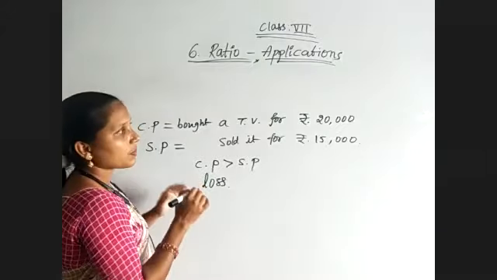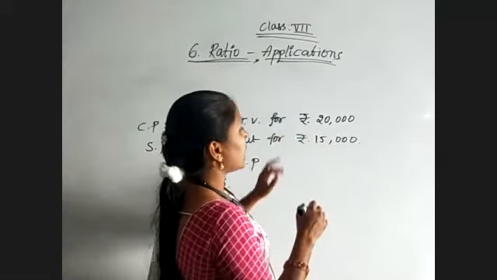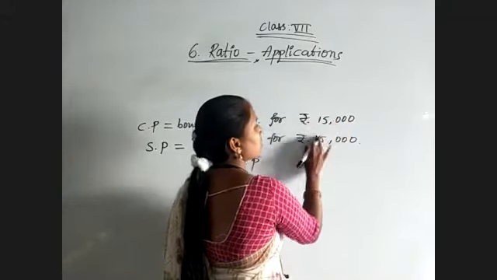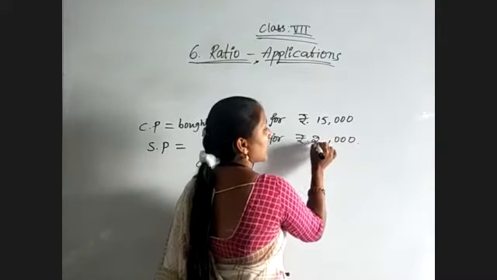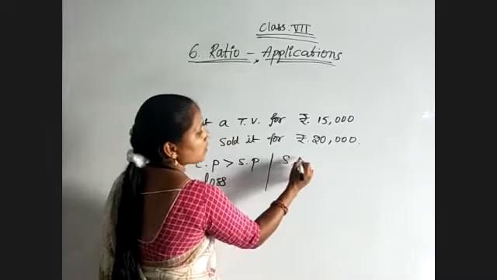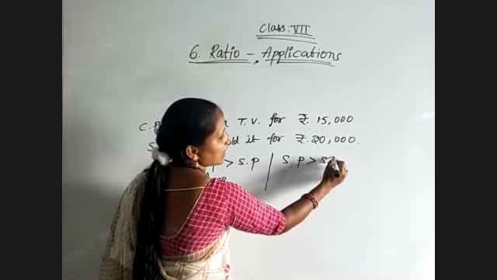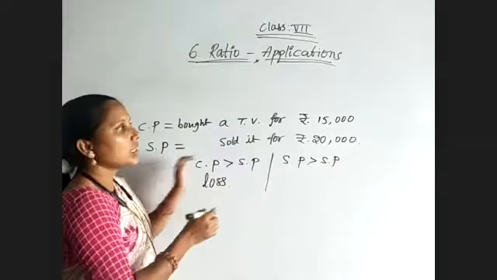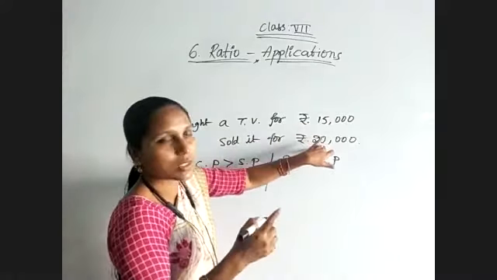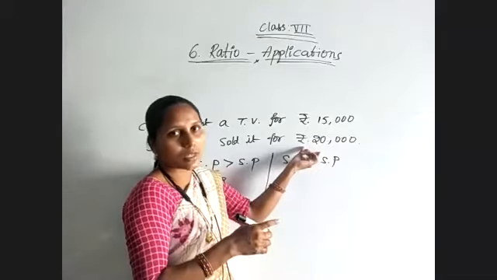If for suppose TV cost is 15,000 rupees and he is selling it to another person for 20,000 rupees. Now SP is more than CP, means he is getting some extra amount. He spent only 15,000, but he is getting extra amount 5,000 while he is selling for 20,000 rupees.